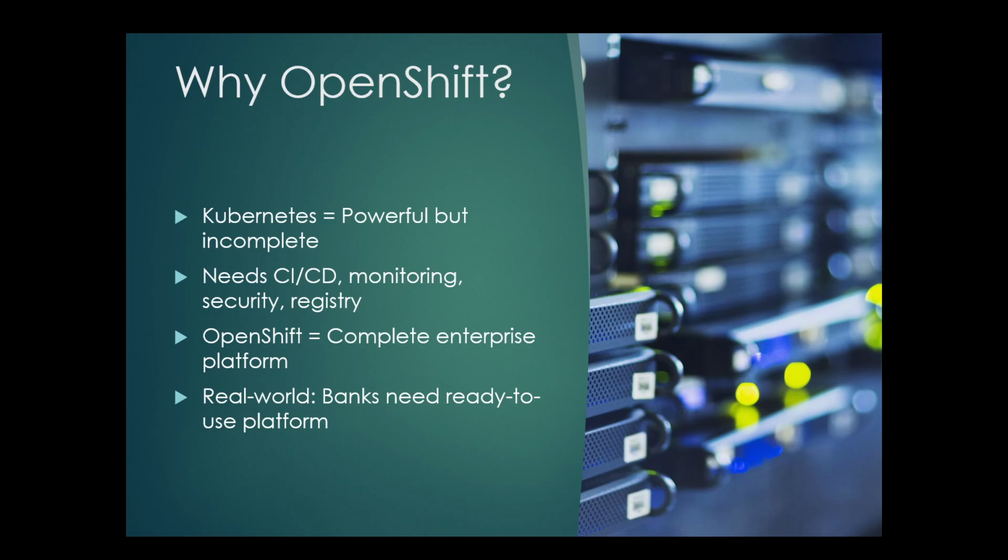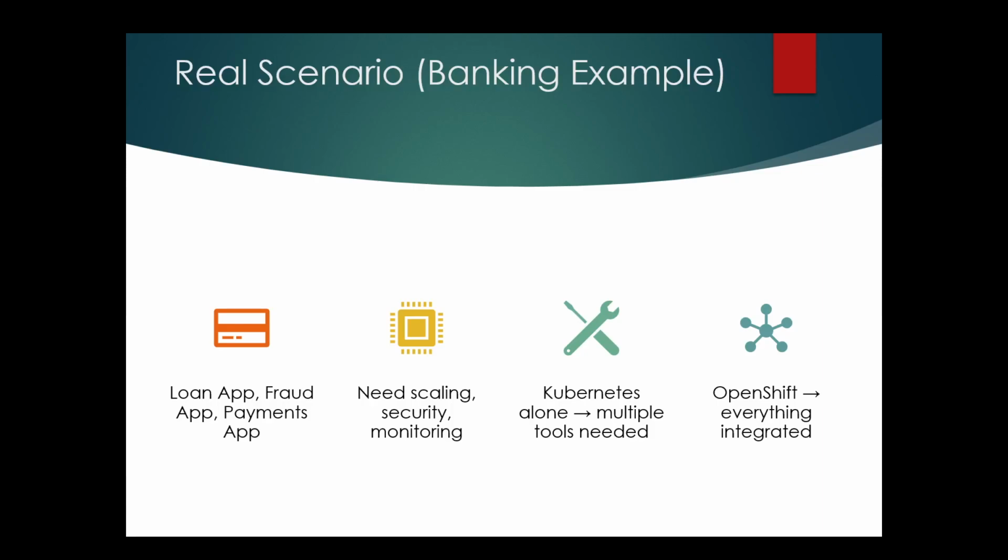Now, in a real-world situation, when you are working with a bank or finance customer, they need a ready-to-use platform like OpenShift. In this example, we will be discussing a loan application, fraud application, payment application, likewise. When you design these applications, there's a need for scaling, security, and monitoring.